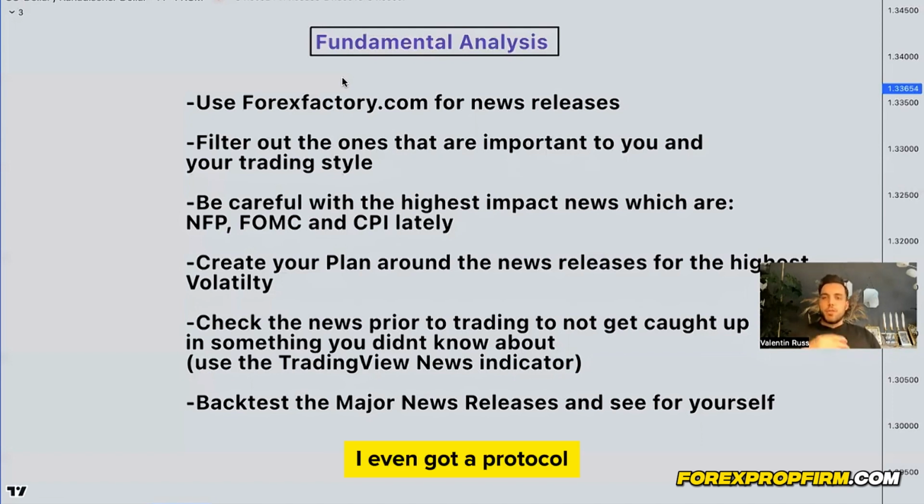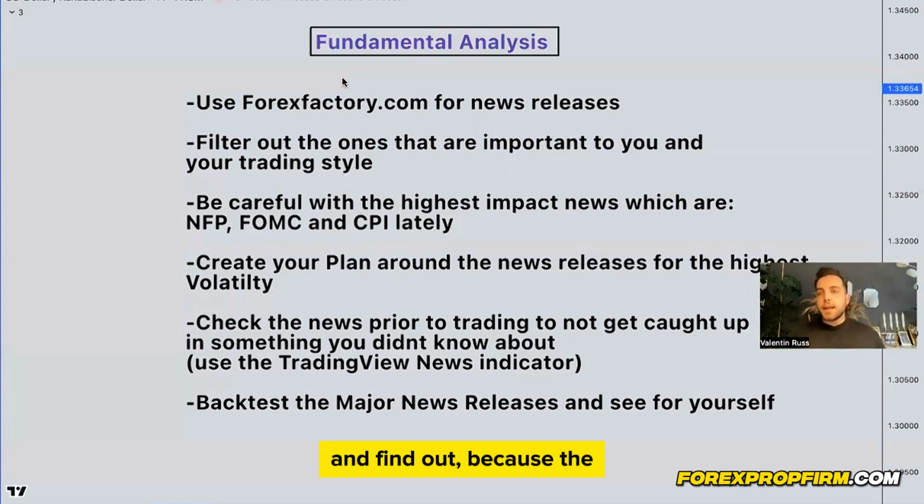I even have a protocol for the NFP week where I'm only trading from Monday to Wednesday, and I'm done after the Wednesday New York session. So most of the times in the NFP week, I only take one trade, and that's on Tuesday. Not every time, but most of the times. Because Thursday and Friday prior to the big news release tends to consolidate.